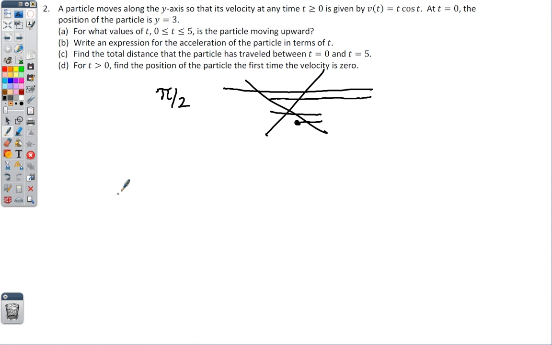What we're going to consider is only how far it went from here to there. We're going to consider just that distance, which is displacement. We only want to know the difference between where it started and where it ended.